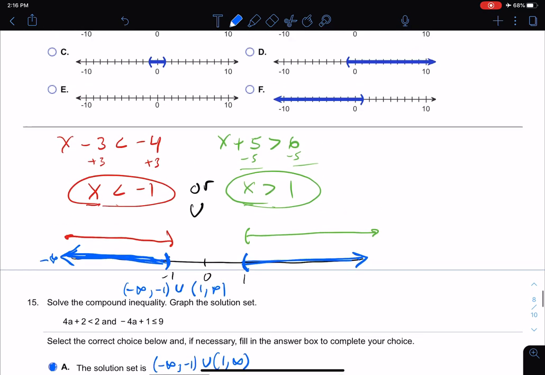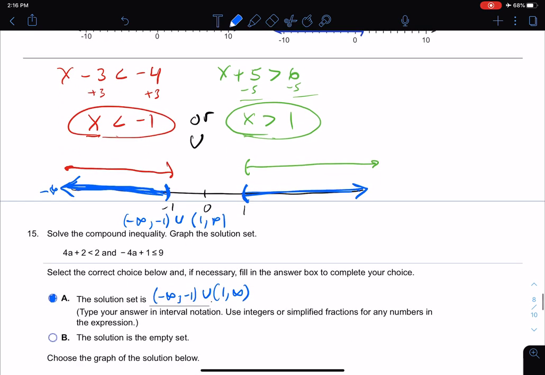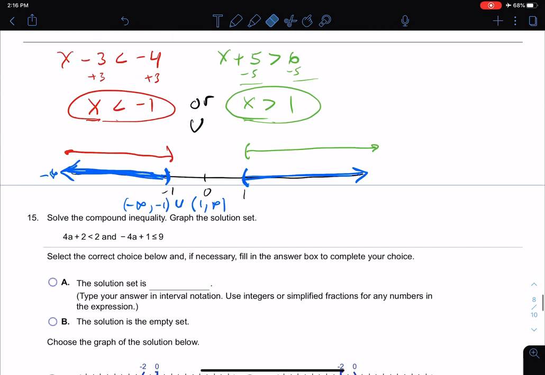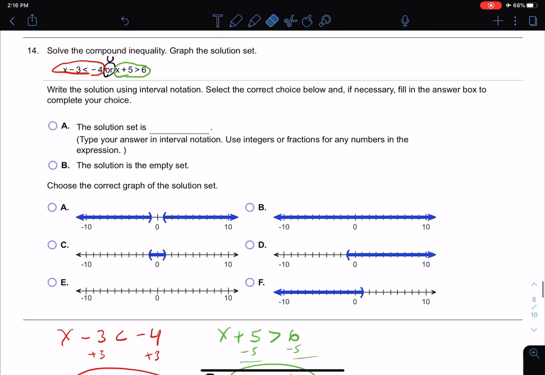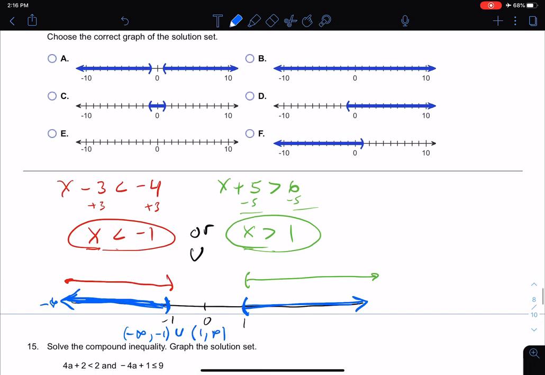Oh my gosh, okay, wait, this goes up here. This problem that I did wasn't 15, it was 14. Dang, okay. No one told me. No one caught me. Anyways, when I look at the graph and try to match my graph, it does work this way because this problem was problem number 14, which is up here, not down there.